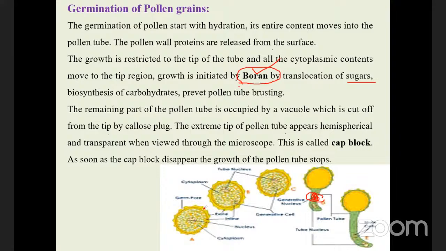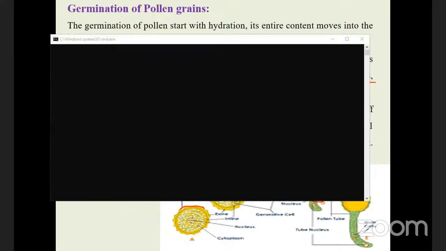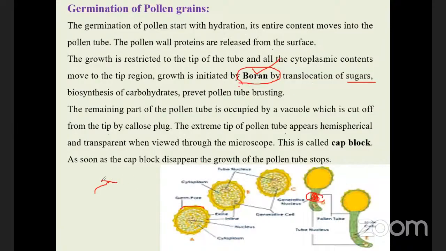Here you can see the pollen structure, which you have also studied now. The exine is the outer layer, made up of sporopollenin. The intine is made up of pectocellulose. It has the nucleus and ornaments.